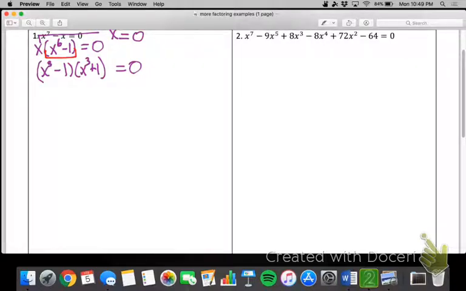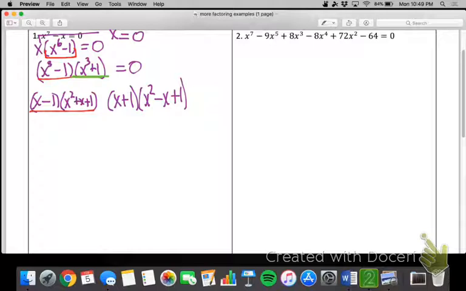So again, using those formulas, the difference of cubes is going to factor to x minus 1 times x squared plus x plus 1. And then the sum of cubes portion is going to go to x plus 1 times x squared minus x plus 1.